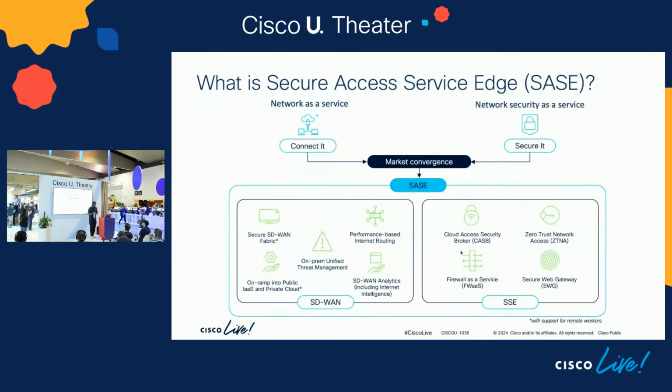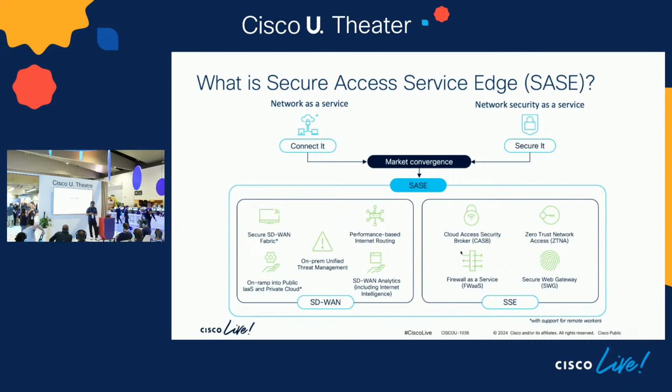So with that, let's get started with a quick intro to SASE. A quick poll. How many of you are familiar with the concept of SASE in general? Okay, which is good. For those who don't know, SASE is a term coined by Gartner a few years back. It's an architecture that can help address some of the challenges we are facing these days around securing a hybrid workforce and providing connectivity to highly distributed applications.